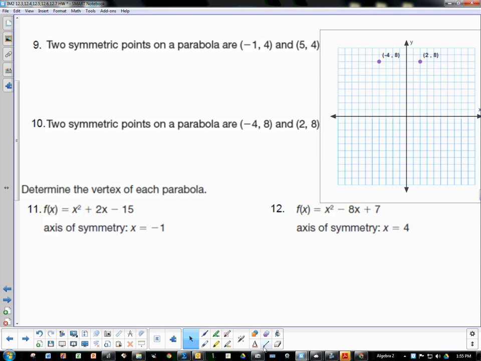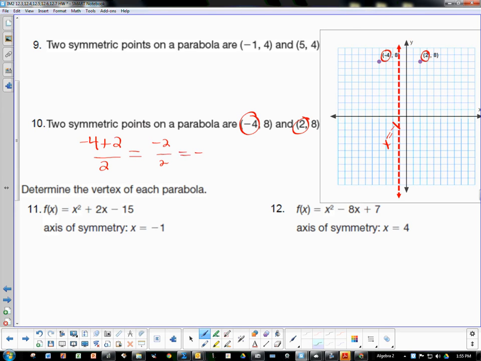Now our axis of symmetry is going to be directly between them. And that looks like it's going to be x equals -1. Now how do we find that? We're just going to add the -4 and the 2 and divide by 2. This is going to be -2 over 2. Happens to be -1. So my axis of symmetry is x equals -1.